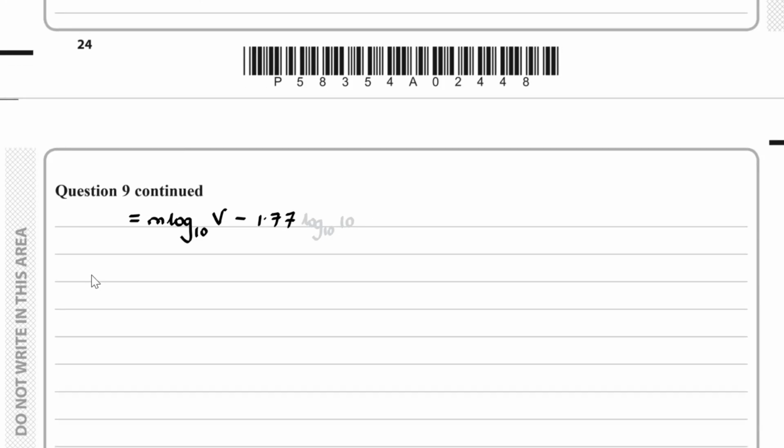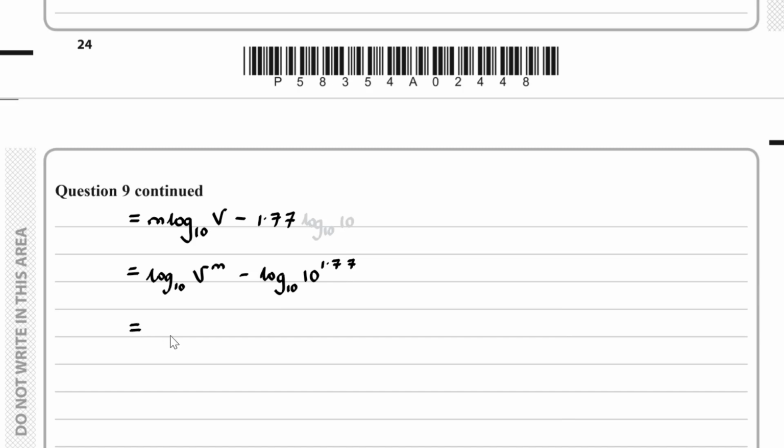And therefore, combining these logs, first of all, we can use the power law. So we have log base 10 of v to the power of m minus log base 10 of 10 to the power of 1.77.